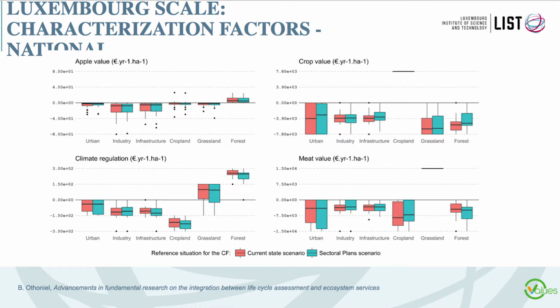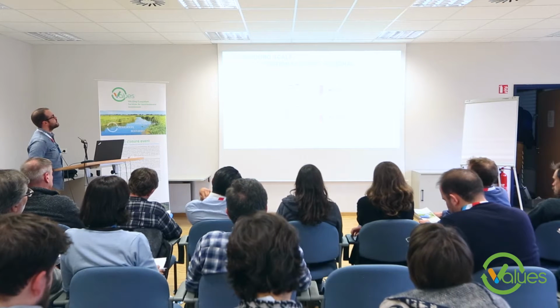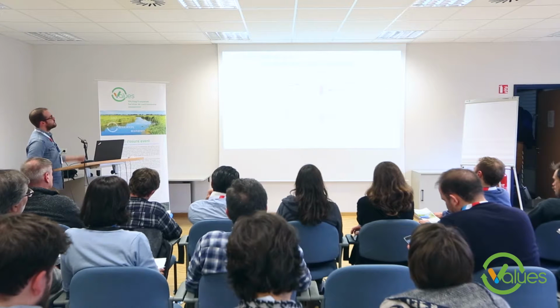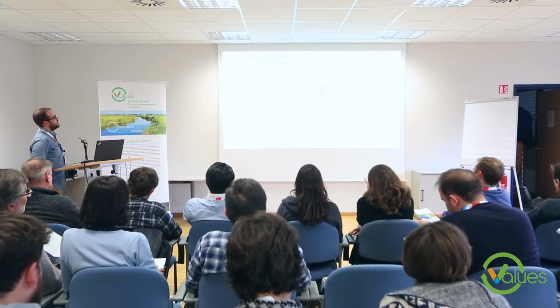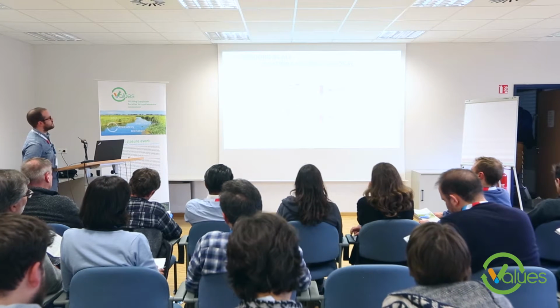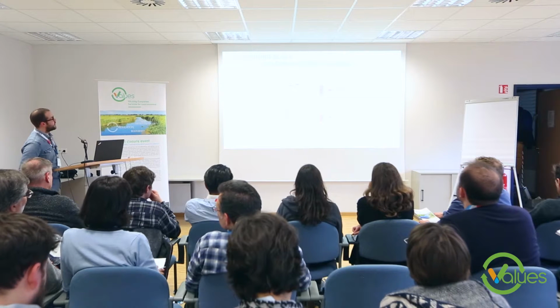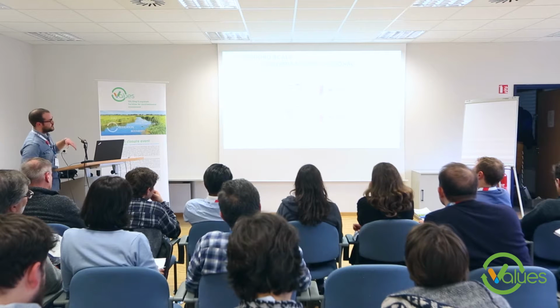And so here we see now the impact on the value of ecosystem services. So we conducted some monetary valuation, for climate regulation it's a carbon value, and for apple, crop, and meat the values are producer prices in Luxembourg. And so here what we see is the opposite of the previous figures.